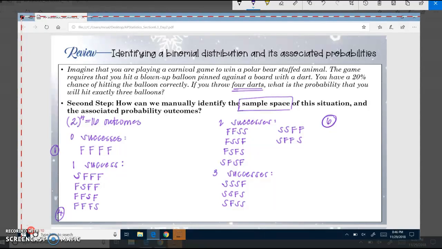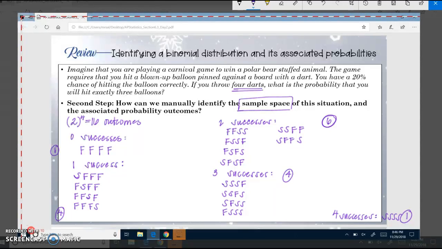And then our last one, let's see, if we did the 3 successes first, we can also have the 3 successes last. So we have 4 different possible outcomes there. The last possible scenario, you guys, is where we'd have all 4 successes. That's going to be the least likely outcome here. But in this case, that would be success. So 1 possible outcome of that.